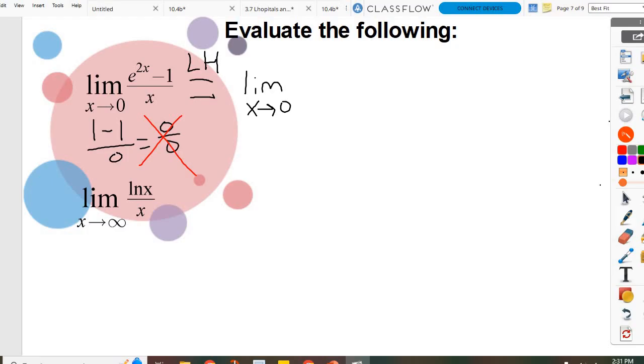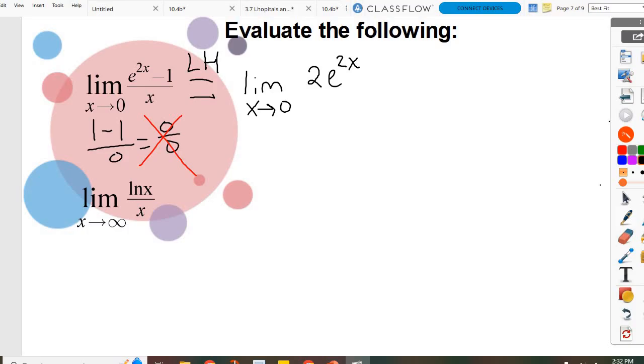Okay, so the derivative of e to stuff is just e to stuff. But if I have stuff other than just x in the exponent, we also have to multiply by the derivative of that stuff, or of the exponent. So the derivative of 2x is 2. So we end up with 2e to the 2x. What's the derivative of negative 1? 0.